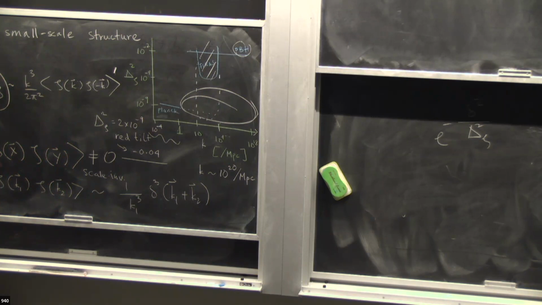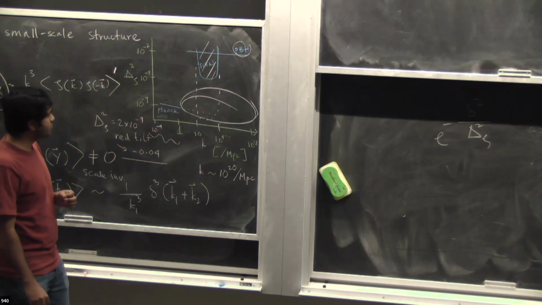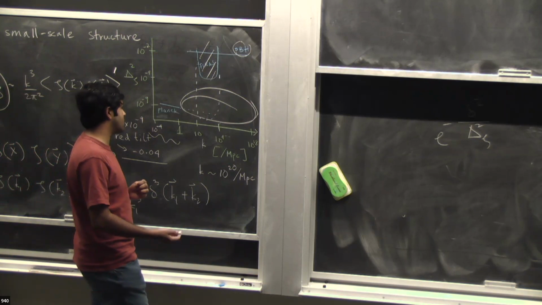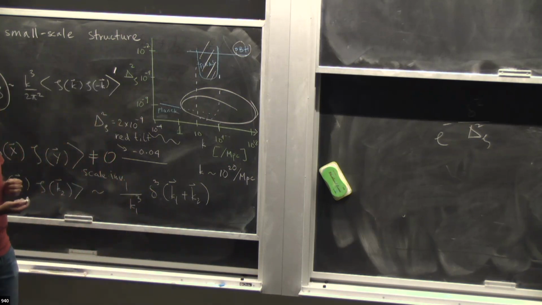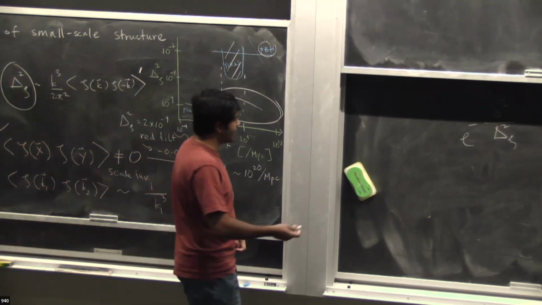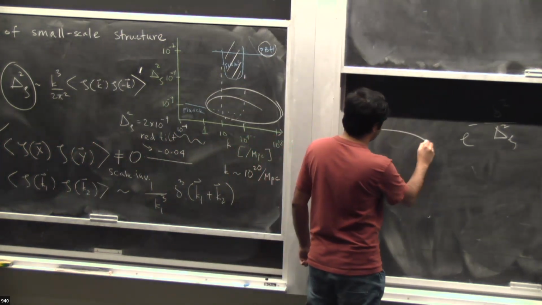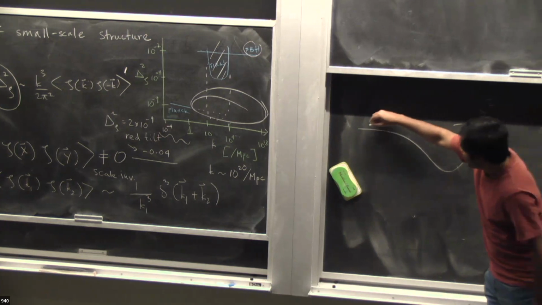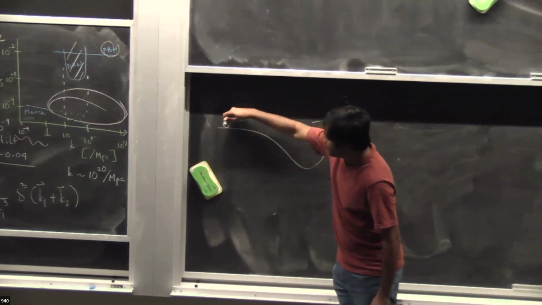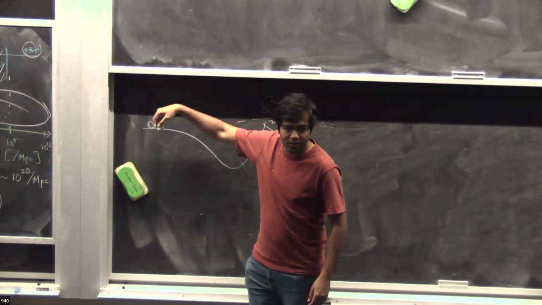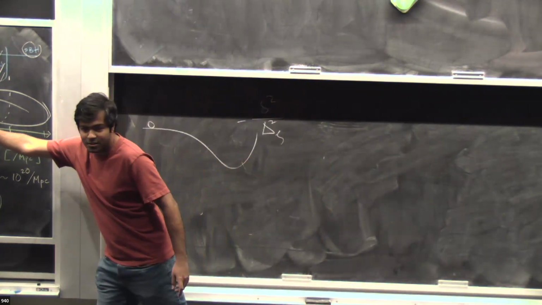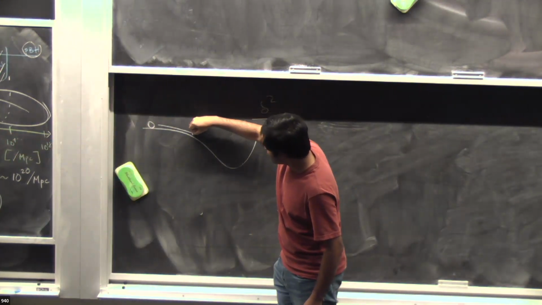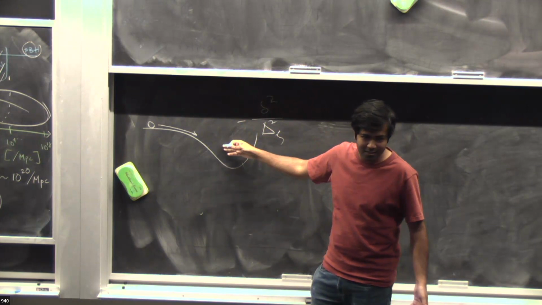I'm not sure if there is something you can say in a model independent fashion. But of course, one important aspect is that if this is your picture for an inflaton potential, the field is rolling over here, it's fluctuating and you're generating these modes, but eventually you are rolling towards the minimum, because you have to reheat eventually, right?